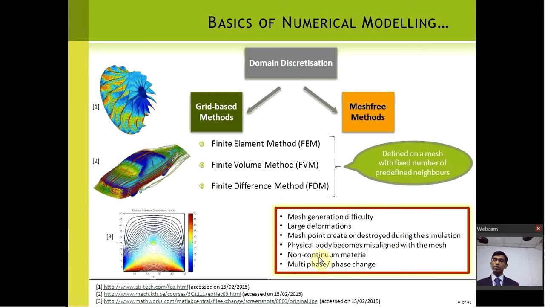And sometimes the mesh becomes misaligned with the problem, and even non-continuum material like tissues or different materials have some limitations with grid-based methods, and even multi-phase or phase change is very hard. Of course we can do it, but it's very costly.